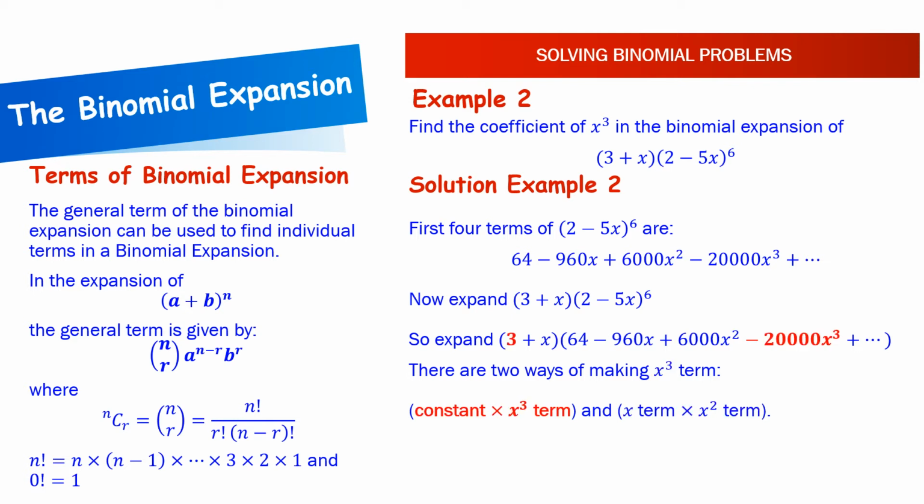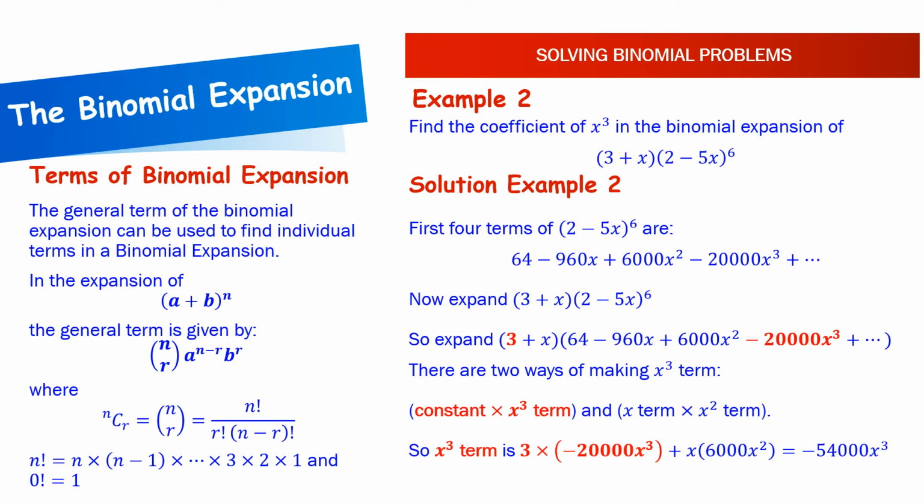The constant times the x cubed term is 3 times minus 20,000x cubed, and the x term times the x squared term is x times 6,000x squared.